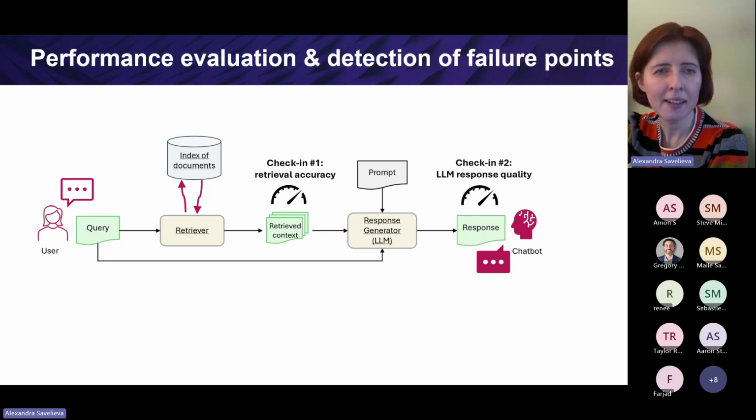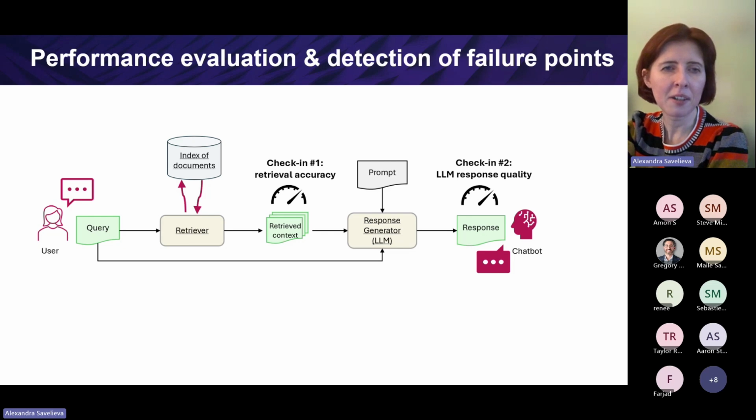And this is a slightly simplified picture, by the way. There is also check-in number 0. If you remember in the first notebook, I showed the point where I demonstrated that all of the chunks were successfully ingested and there were no failures, right?